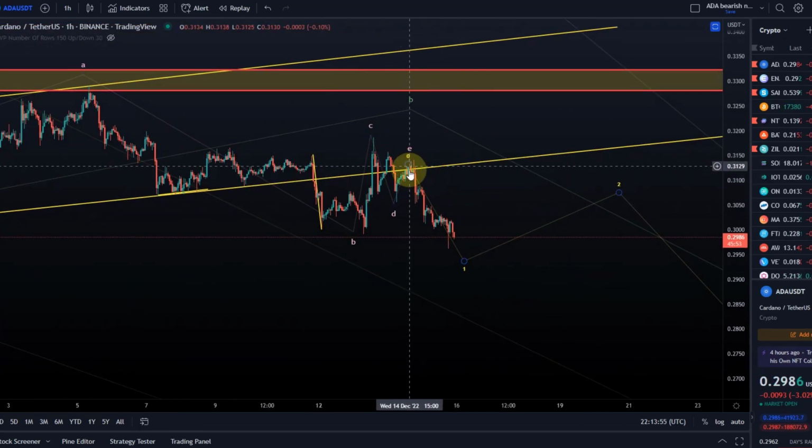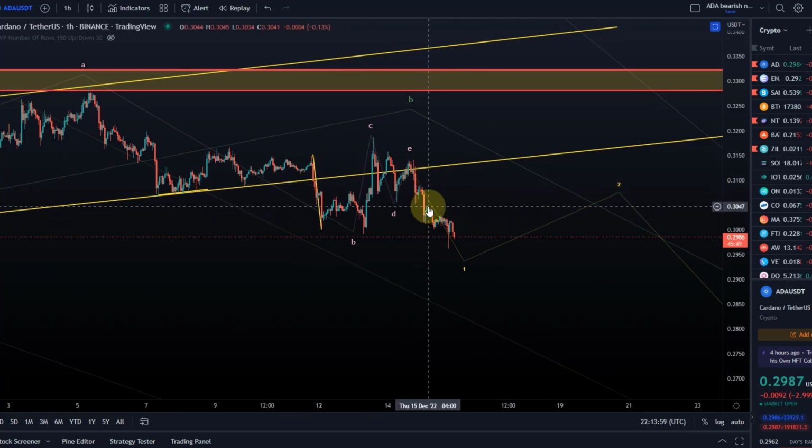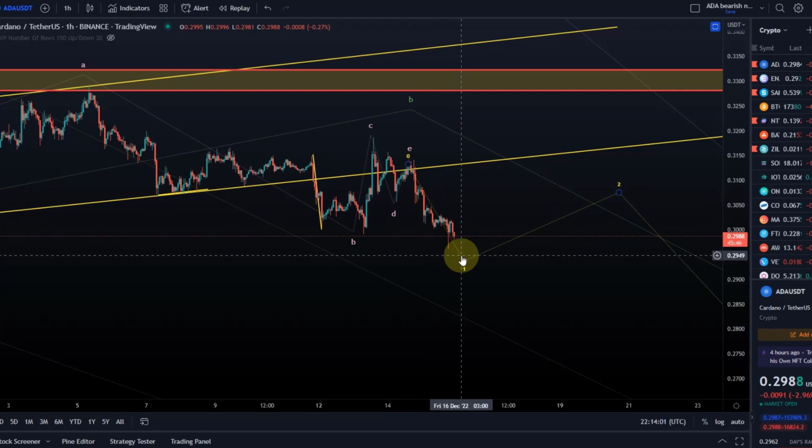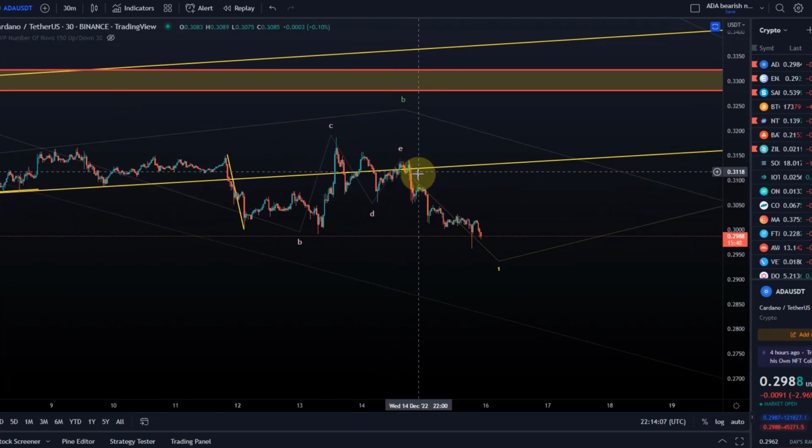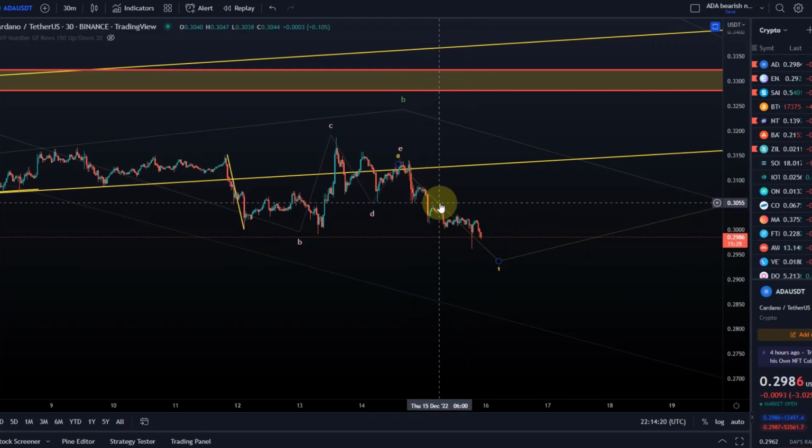I don't have a very clear picture of what this down here could be. We've got possibly here a 1-2 setup. It looks like it's not entirely finished yet. There's various ways this could even become some kind of a leading diagonal here, or even, if I look at the micro, this could be a 1-2. Then here we are in the wave 3 now. This could be the 1-2 of the wave 3.